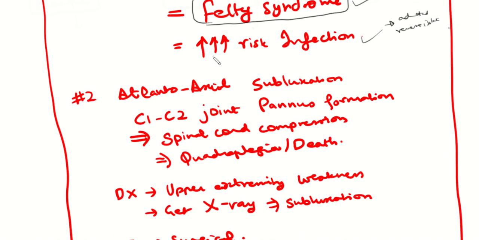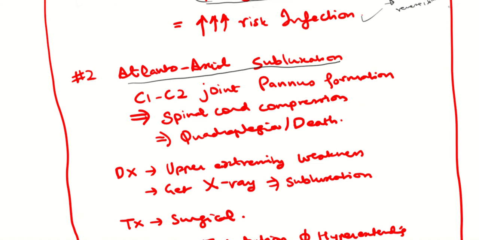The other one is atlantoaxial subluxation. So these patients sometimes present with upper extremity weakness. A rheumatoid arthritis patient presents with upper extremity weakness. The provider orders an X-ray and the radiologist says there's a subluxation in C1 and C2 joint.